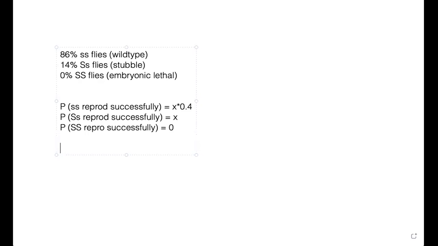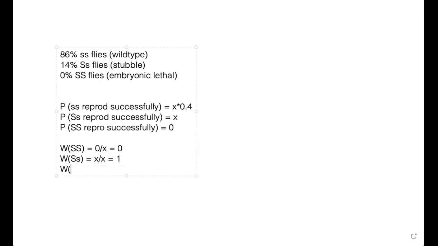This allows us to calculate our W's by dividing all of these by the largest value. So the relative fitness of the big S individuals is 0 divided by X, which is 0, duh. The relative fitness of the big S, little s heterozygous genotype is X divided by X, which is 1.